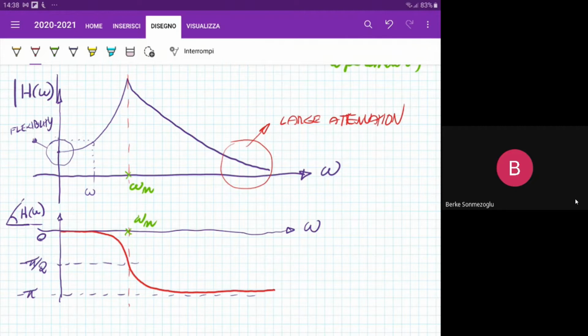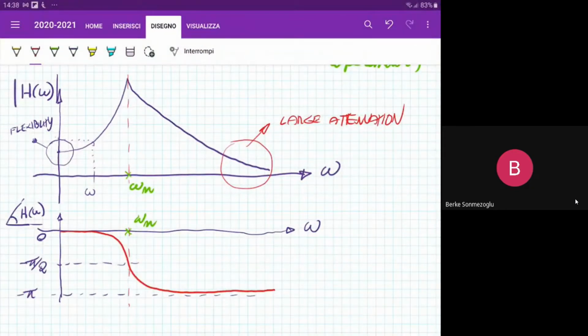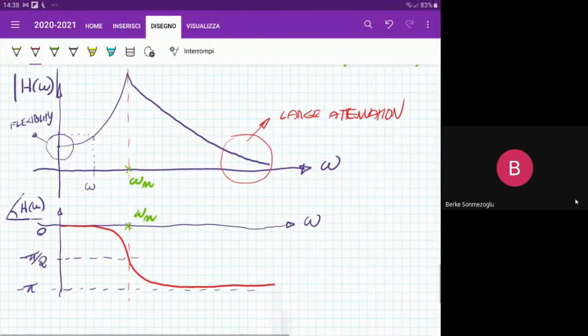When we have an input excitation with 0 frequency, it means very easily that you are exciting the system with a static load, and therefore there is no phase delay, or in other words, the system response is perfectly synchronous with your input excitation, with your forcing, okay? And that's the reason why the phase angle is practically 0, and is practically 0 when omega is a little bit higher than 0, but however very small compared to the natural frequency.